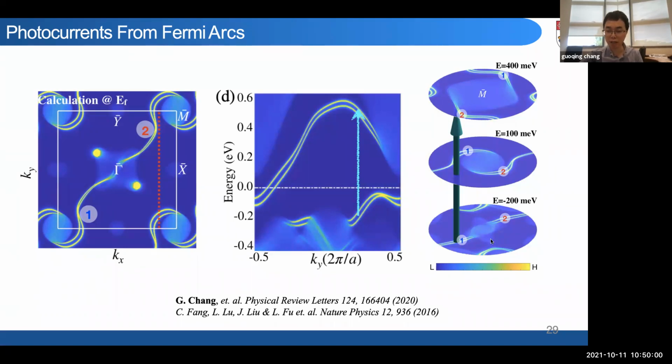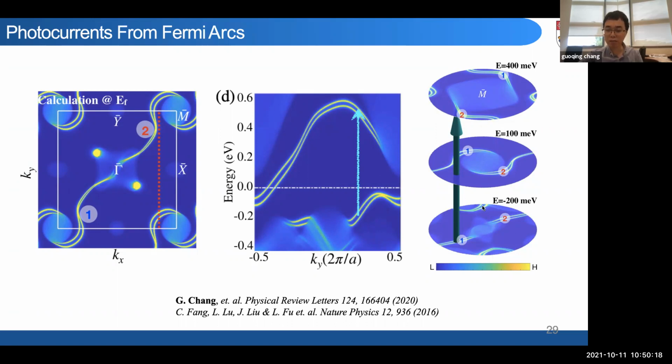So here is the cartoon or the calculation to explain this mechanism. For example, if you zoom in to the endpoint, I label two sets of Fermi arcs, 1 and 2. With the increasing of energy, you can see these Fermi arcs are rotating clockwise.